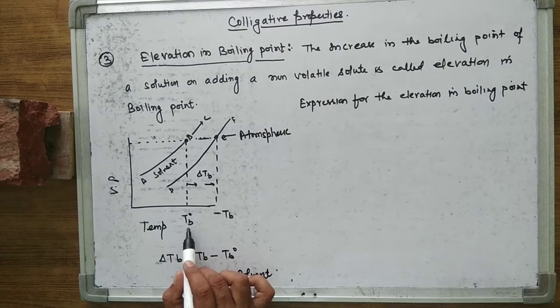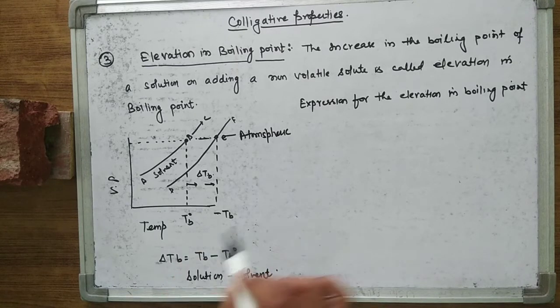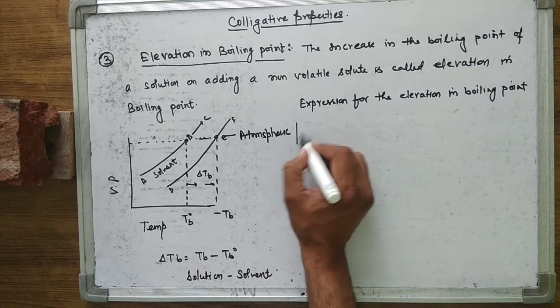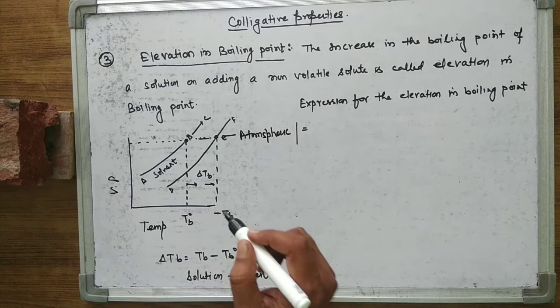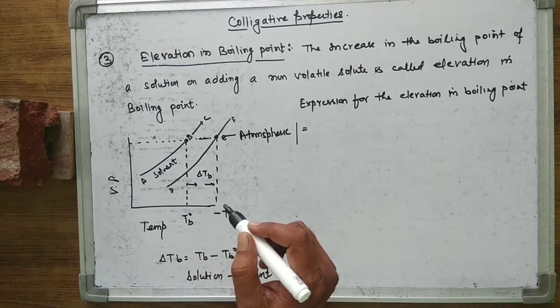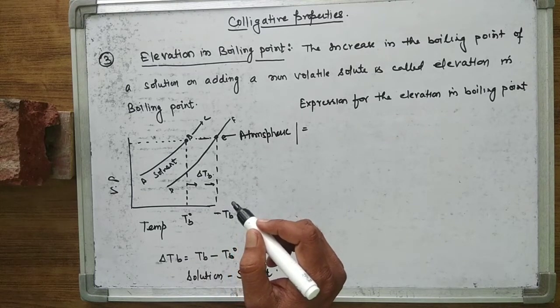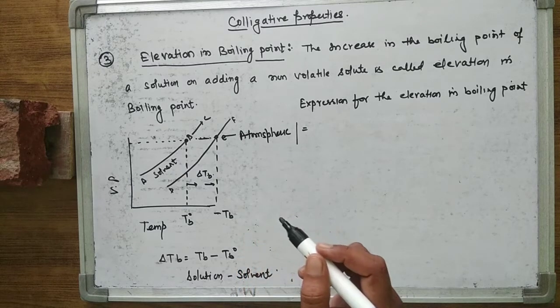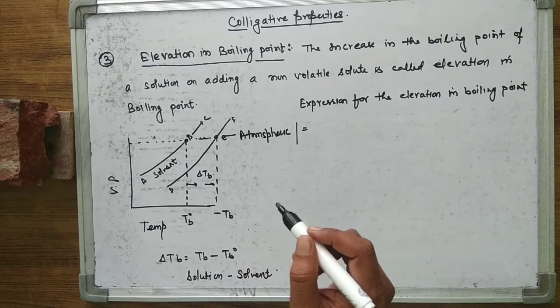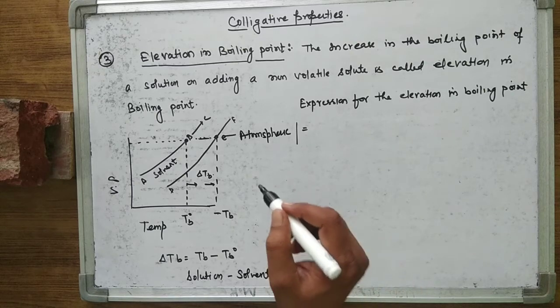Non-volatile solute means the solute which does not take part in the vapor pressure. It does not easily go to the vapor state, and it absorbs energy and increases the boiling point of the solution.